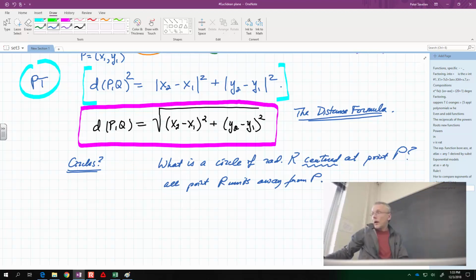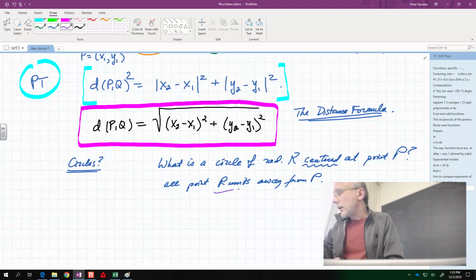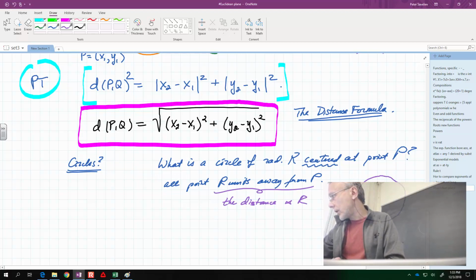And that is R units away from P. In other words, the distance is R. So that is the original geometric description of the circle. You pick a point, you pick R, and then you go in all possible directions, measure R units, and plot a point there. You take all of those points together and you have a circle.